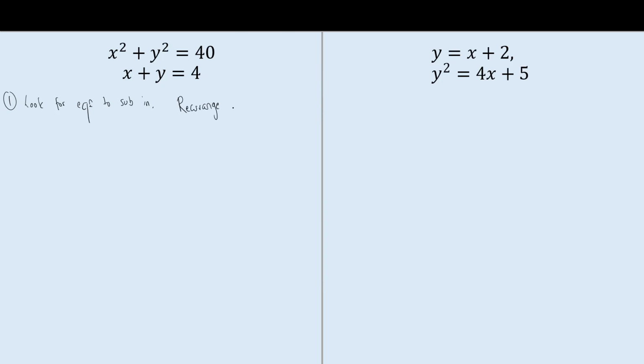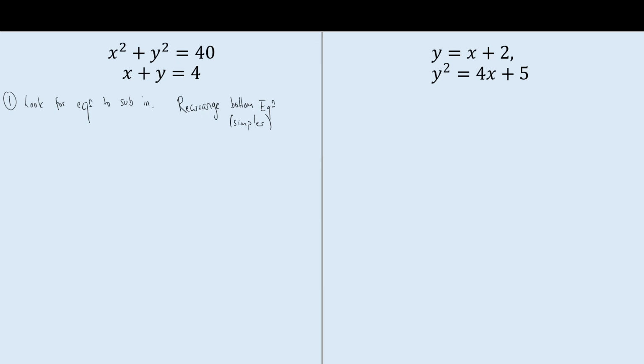Now, I'm going to rearrange the bottom equation. And the reason for that is because it's the linear one. It's the simpler equation to start working with. Okay? And if you can, working with the equation which has as few powers as possible is generally a good place to start. Okay? And we might think, which letter are we going to make the subject?